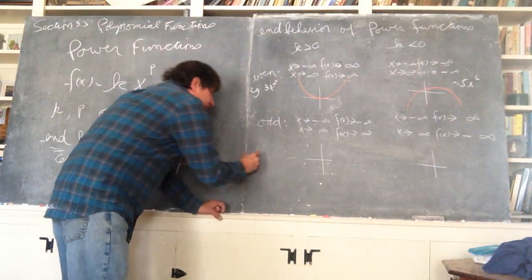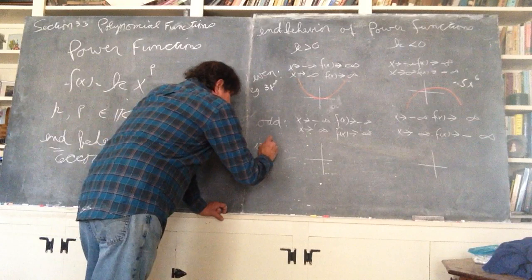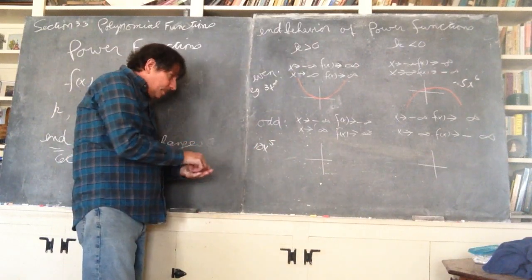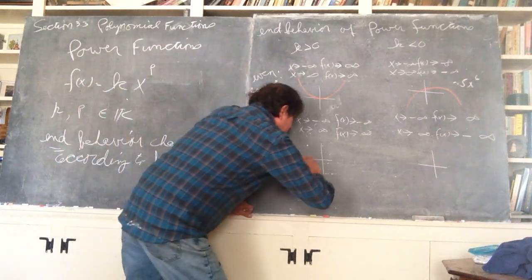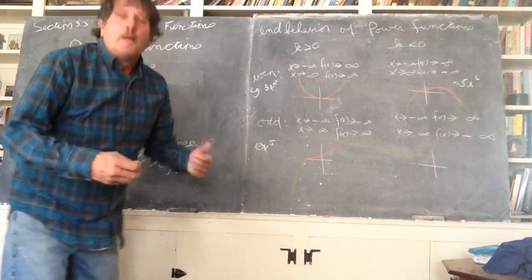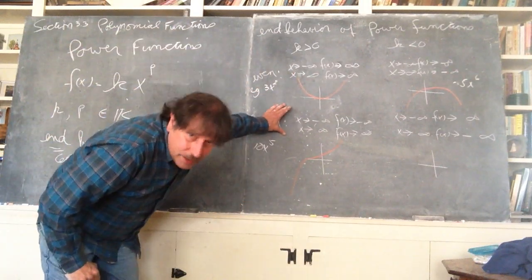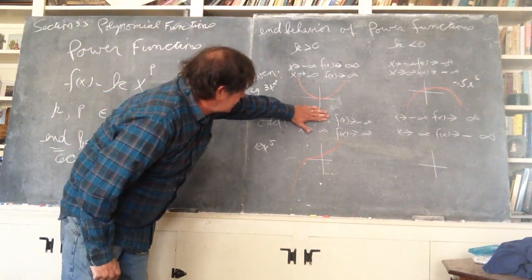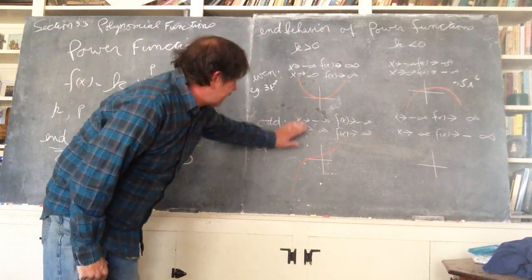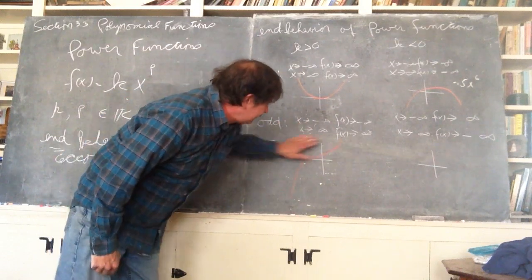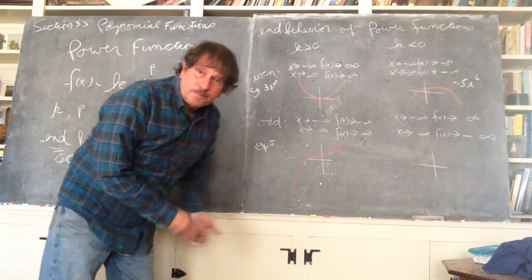If it's odd, such as 10x to the 5th, it'll look like this. If x is really small, the function's really small. If x is really big, as x gets bigger, the function gets bigger.